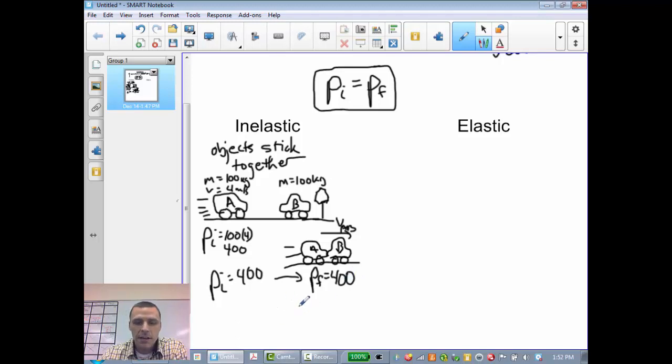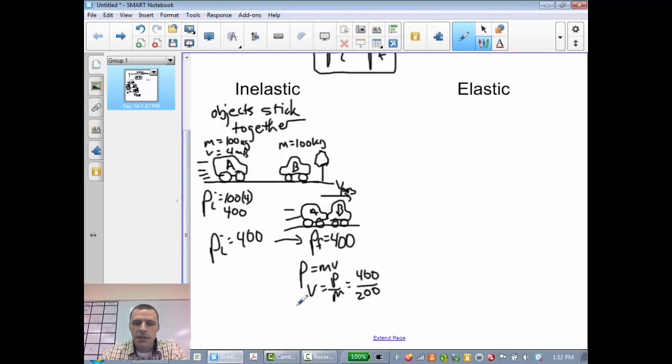So if I want to find the final velocity, momentum equals mass times velocity. Velocity is the momentum divided by the mass. 400 divided by, now the mass is the mass of everything that's moving, the system mass, so that's 200. And I would get a velocity of the coupled objects to be only 2 meters per second.